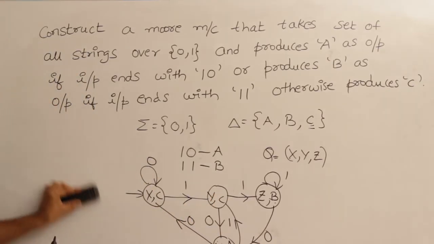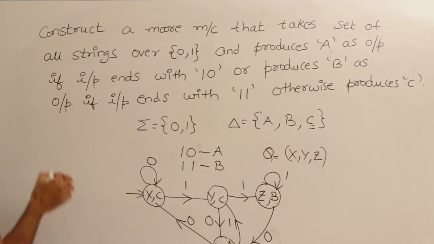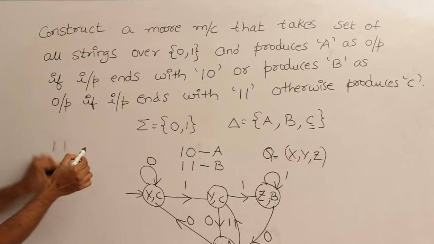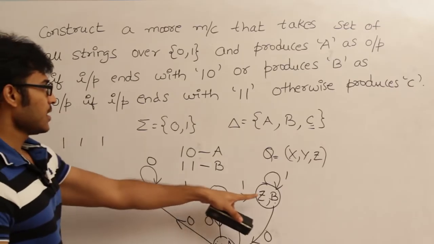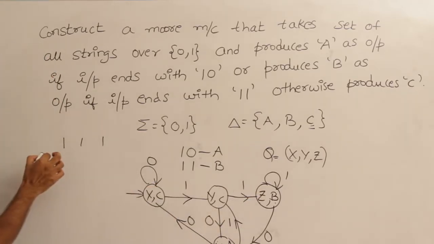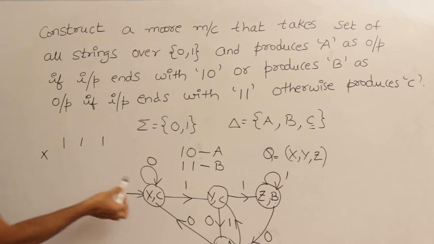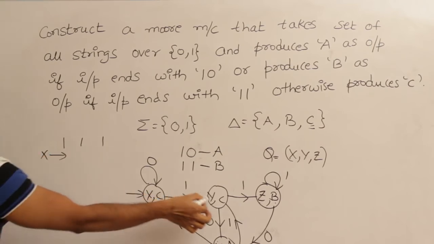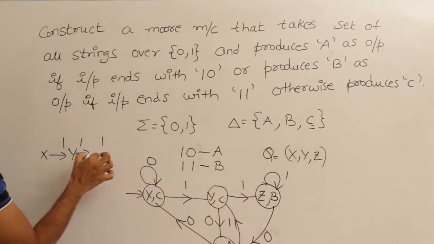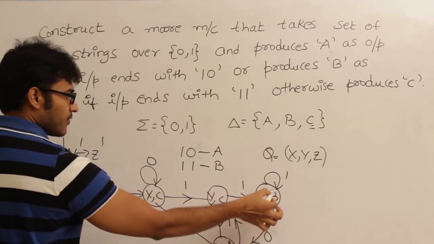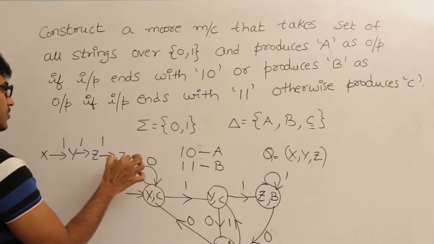Now you can just give me an example and we shall trace it out. Let us say I have to trace out the example 1 1 1, which is ending with 1 1. Therefore the output has to be B. So I'll start with X. Initial state is X, and on seeing 1 I'll go to Y, and on seeing 1 in Y I'll go to Z, and on seeing 1 in Z I'll still go to Z only.